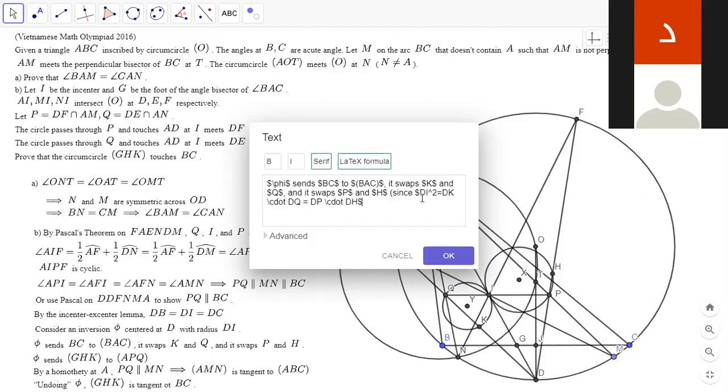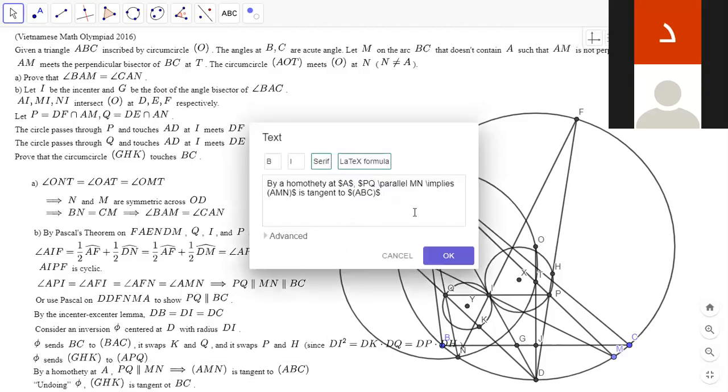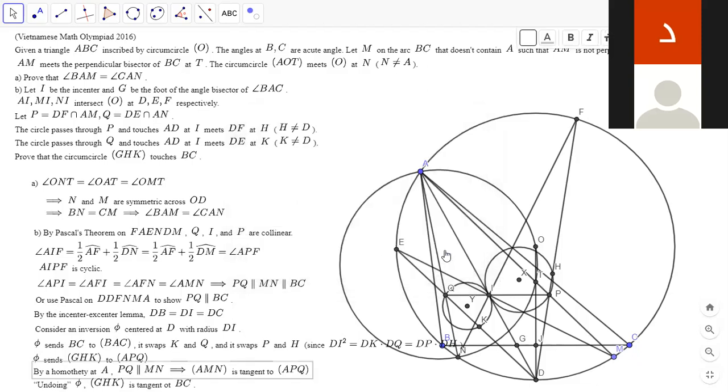All right, nice solution. So now I will move on to the next problem. Excuse me, yes, AMN is tangent to APQ. Oh, it's tangent to APQ. Yeah, you're right. Thanks for fixing that. All right, looks good. So I will move on to the next one.